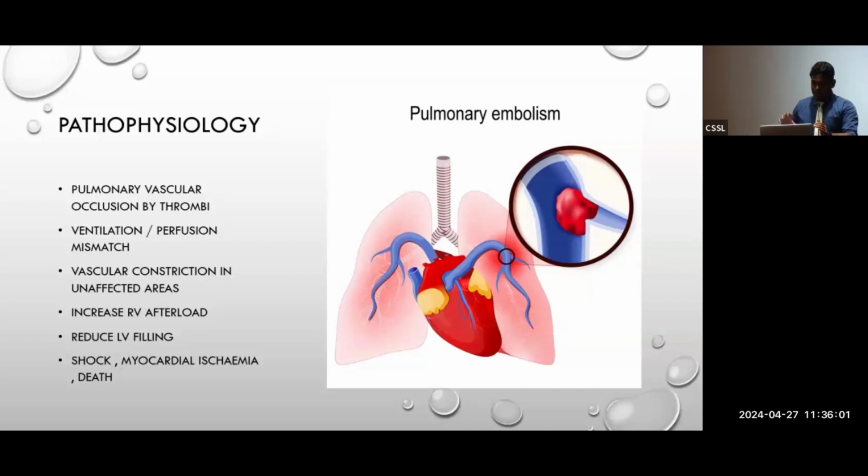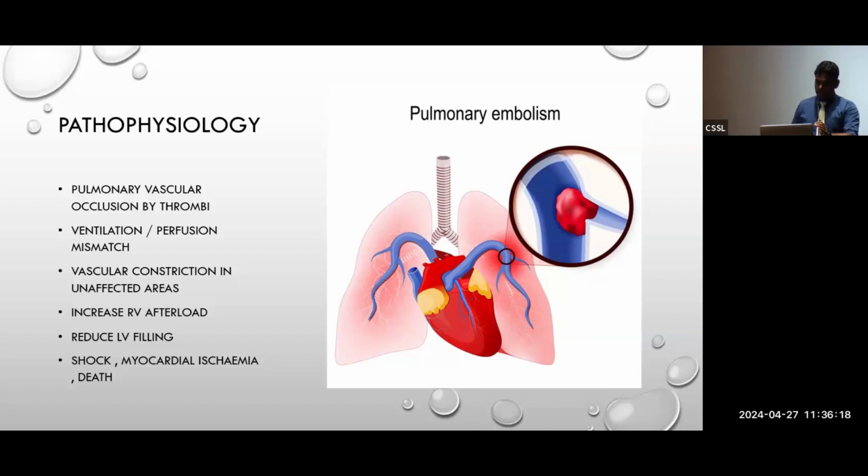And this will increase the afterload of the right ventricle, because when the pulmonary vascular pressure goes up, it transmits to the right side of the heart. The right ventricular afterload increases.